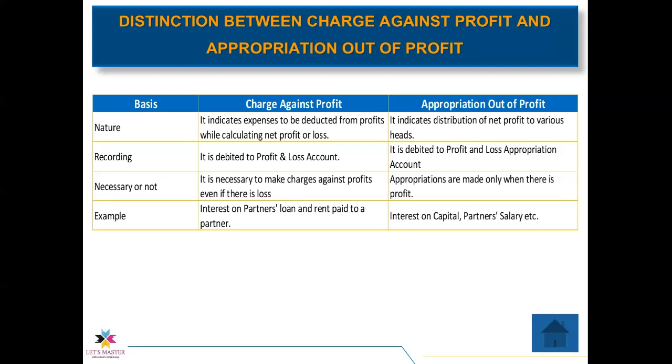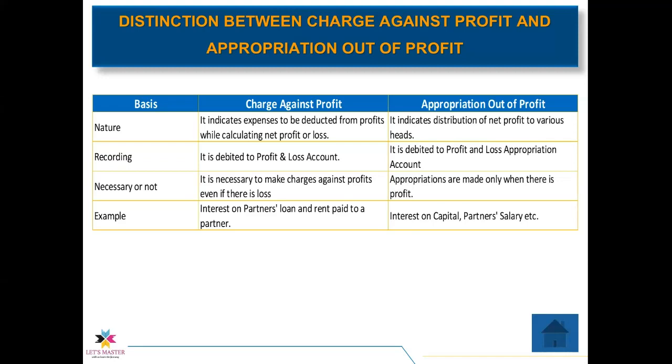And even after paying that interest, if the net profit becomes a net loss, then also you will have to pay. If any partner has given any office property, say a building or machinery or car, to be used by the partnership firm with an agreement that rent would be paid to the partner for using that particular asset, then the partnership firm must pay that rent, even if they incurred loss after paying that rent.